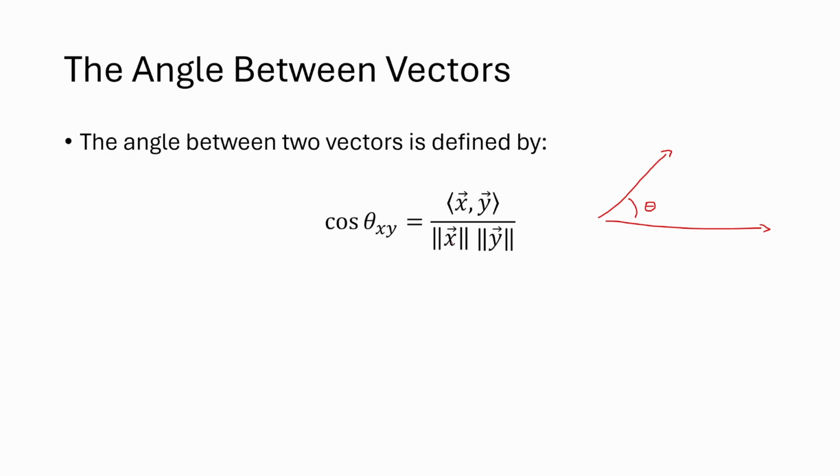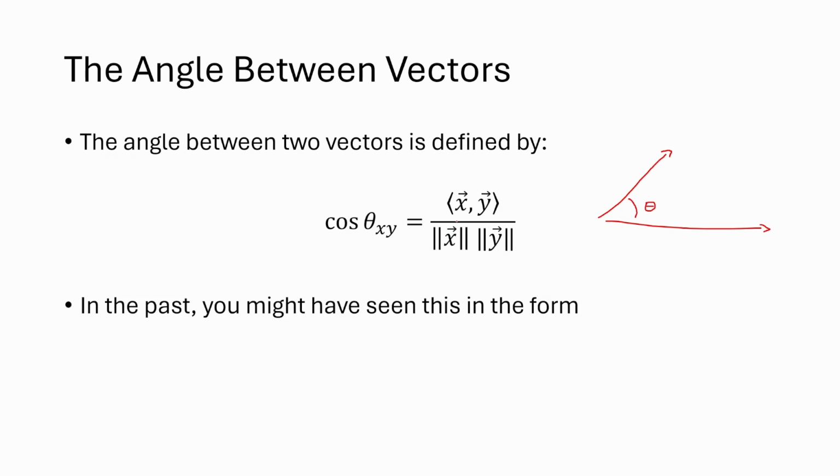Then the cosine of the angle is that number, or equivalently, the arc cosine of x dot y over the norms of x and y is theta. Cool. So that's how we find angles.